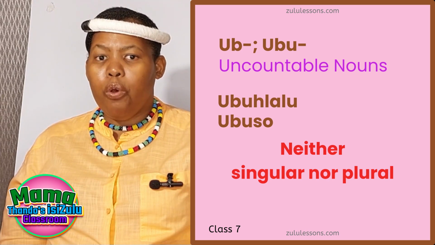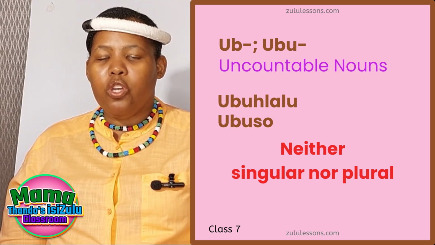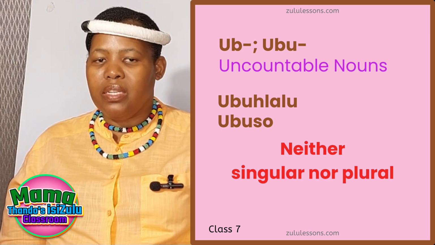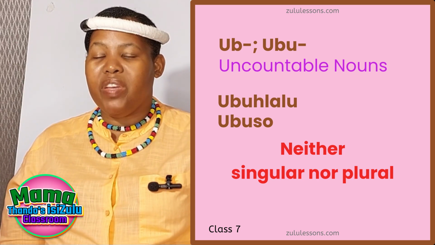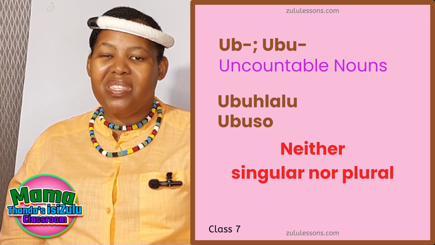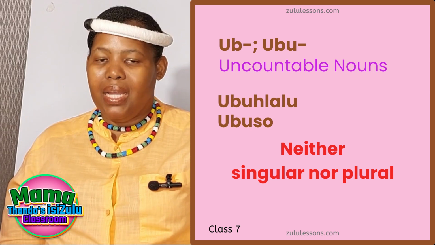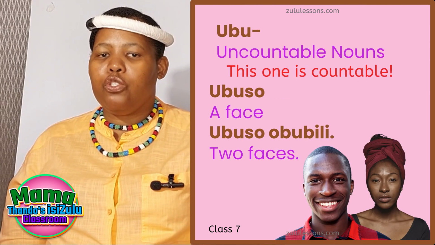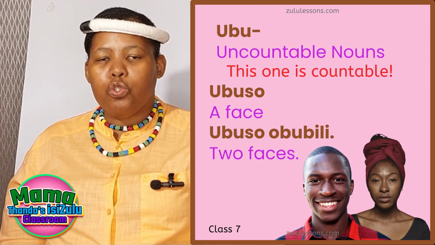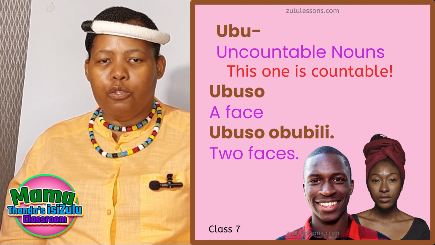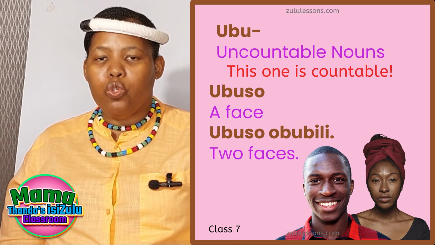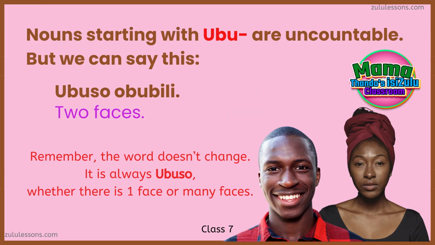But both of those words do not have a plural in isiZulu. They do not have a singular either because they are considered uncountable. And so when you say 2 faces in isiZulu, you would say ubuso obubili. Now you try.